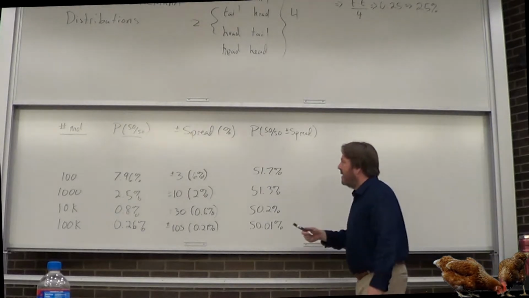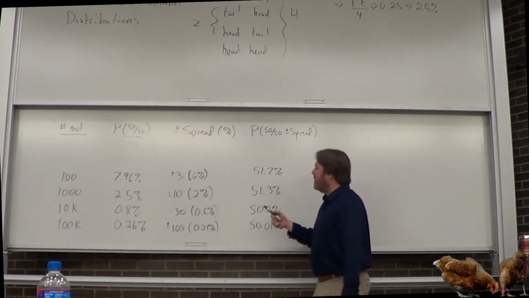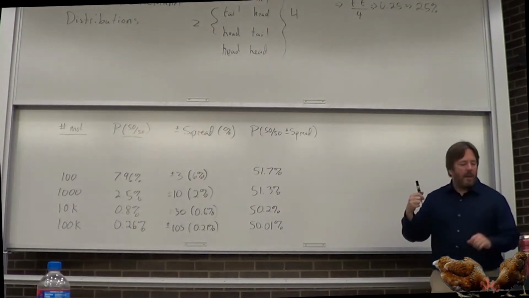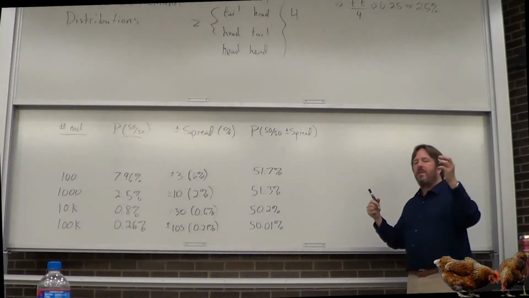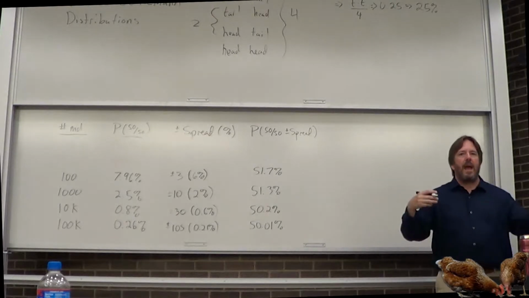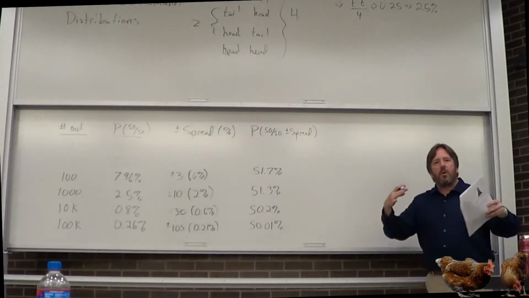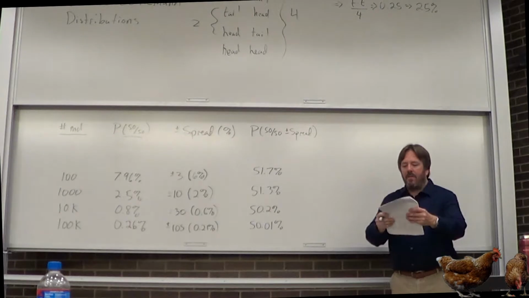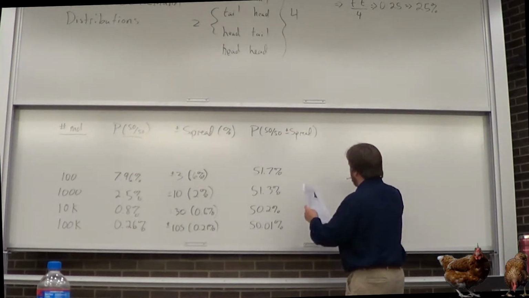That's ridiculous. I'll have a certain spread, and if I allow myself to say I'll observe half heads within a certain spread, I'll get 50%, and now I can see the correct nature of this coin. I'm now making the correct interpretation.